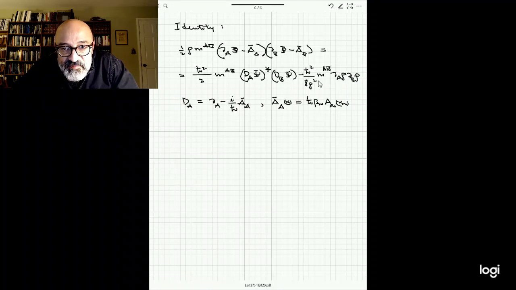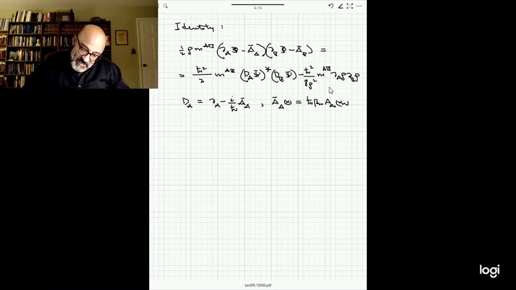This kind of expression may be familiar to some of you who have read about Bohmian mechanics. This is very similar to the quantum potential, but not the quantum potential as it arises in the Hamilton-Jacobi equation, but rather the quantum potential as it arises in the Hamiltonian.